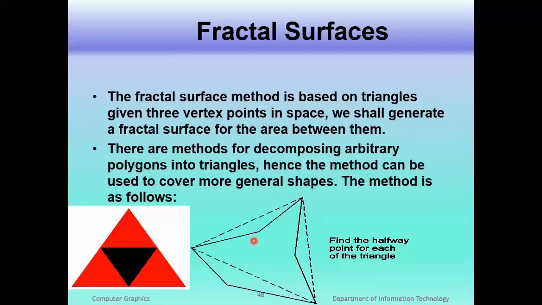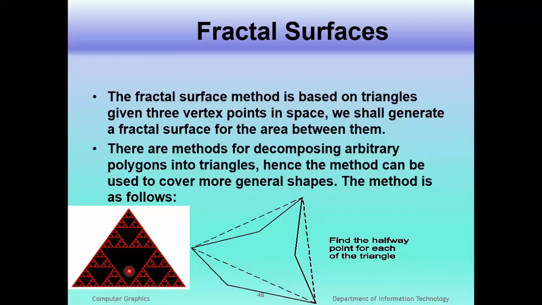By doing this, we now have four small triangles. Now we can call this procedure recursively on each small triangle until the triangles become too small, as shown here in this figure.